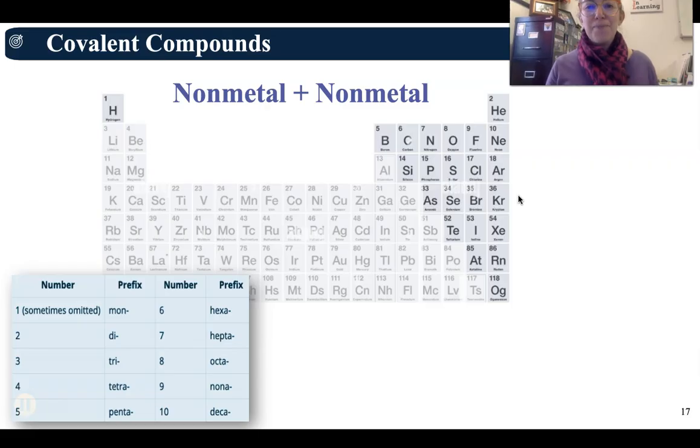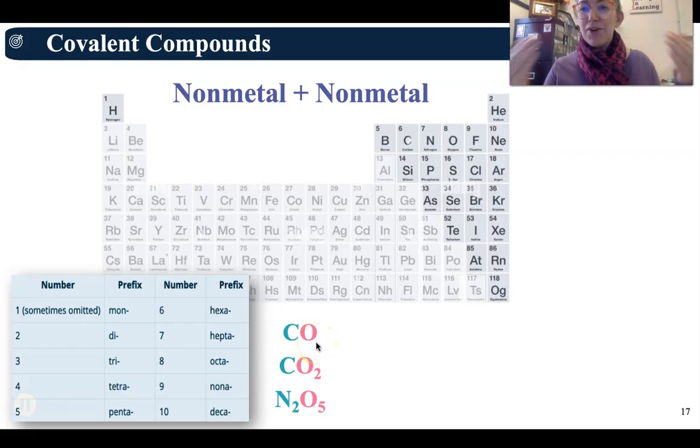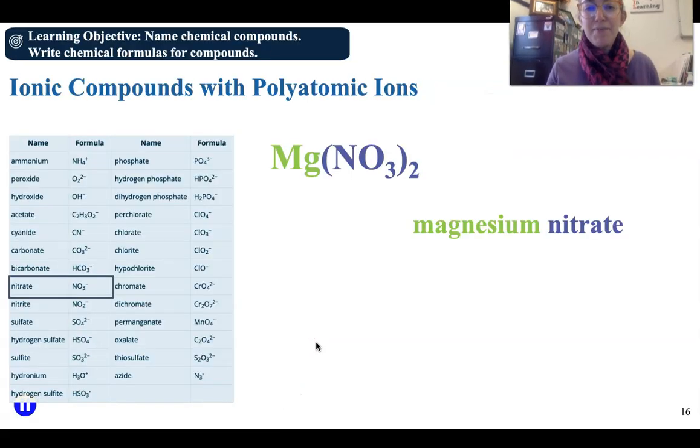So with covalent compounds, we name them differently as well. We have to use prefixes because in covalent compounds, the chemical formula is not determined by canceling out charges. Magnesium nitrate can only ever exist as 1 magnesium and 2 nitrate ions.